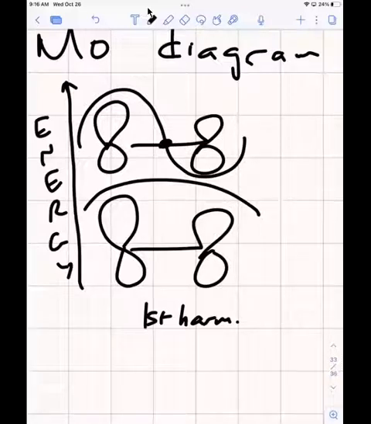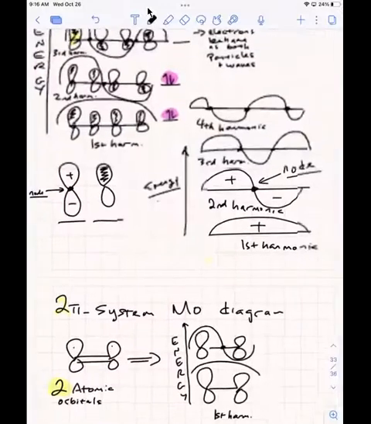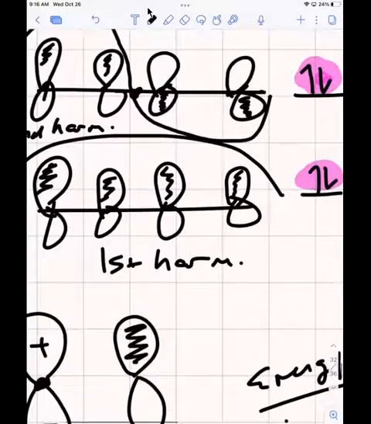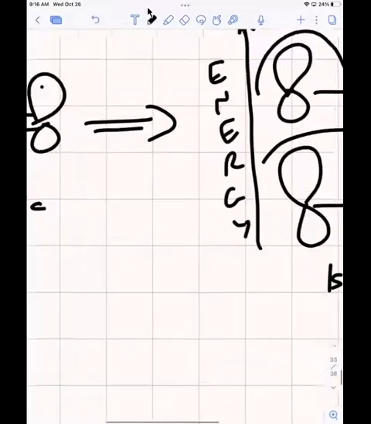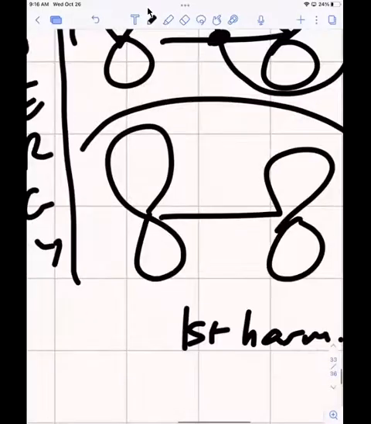Anybody? What happened up here? Did the signs of the orbitals change at all in the first harmonic? No. So here with a 2-pi system, that's not going to change.